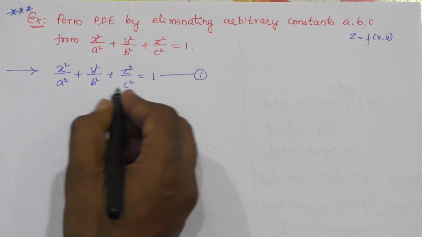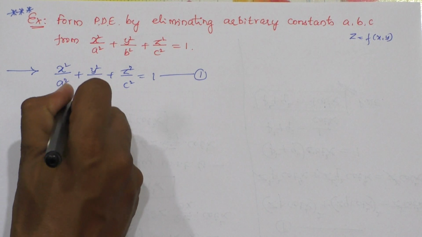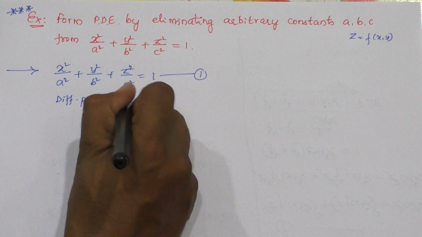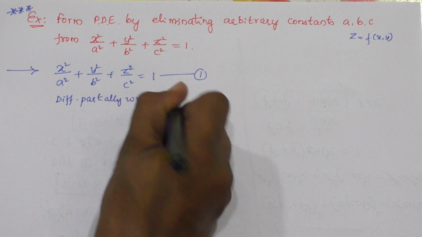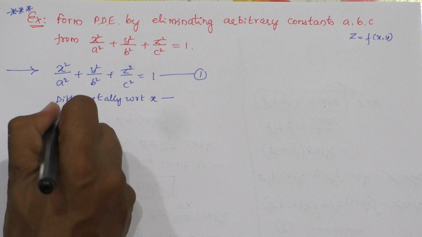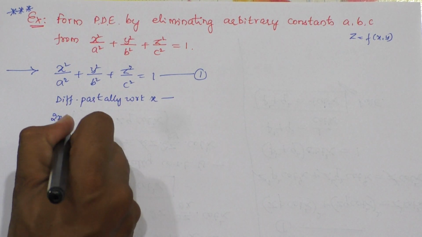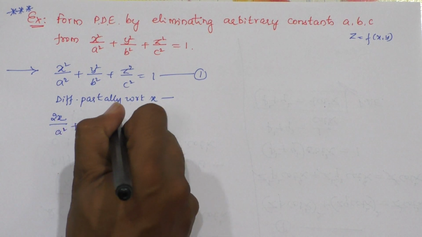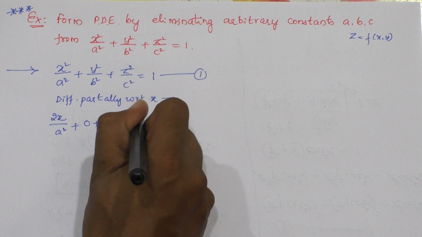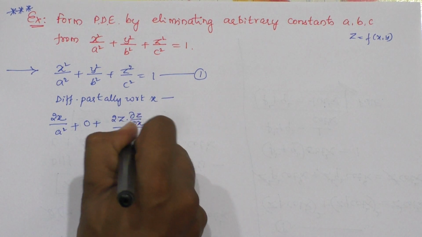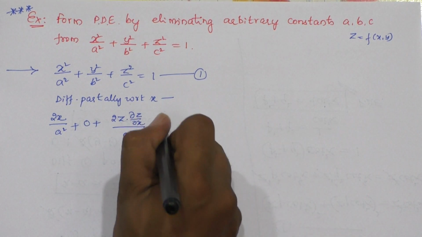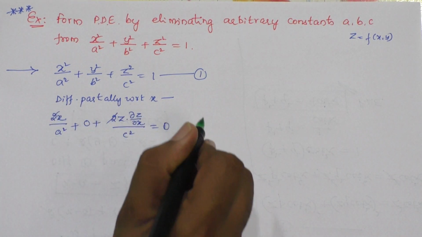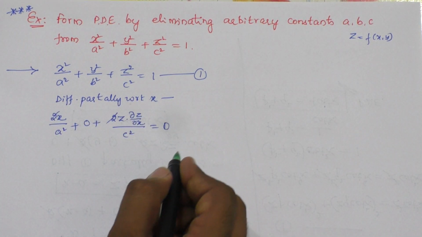Now differentiate this partially with respect to x. x square differentiation gives 2x divided by a square, y square differentiation gives 0, z square differentiation gives 2z dou z by dou x divided by c square, equal to derivative of 1, which is 0. 2 is common, and the RHS will be 0.